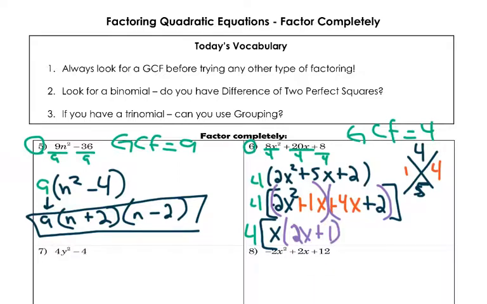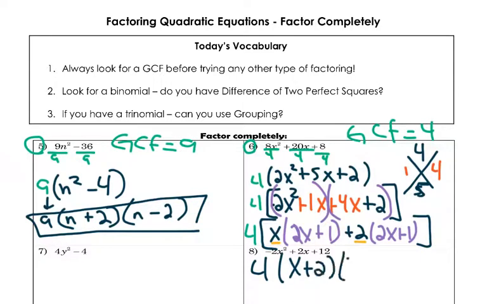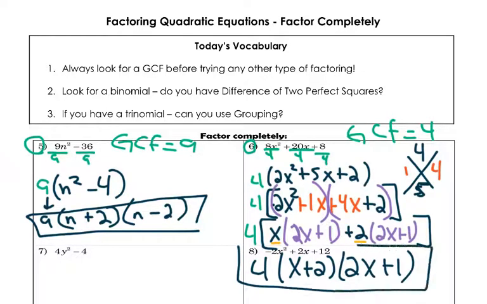And then here 4x plus 2 have in common 2, so plus 2, and I would have 2x plus 1. Notice the parentheses are the same, so I could combine what they're being multiplied with. So now I have 4 times x plus 2 times 2x plus 1. And those are the factors.